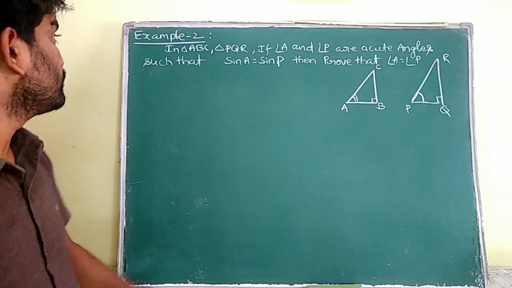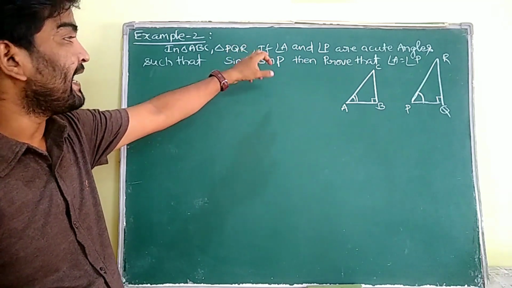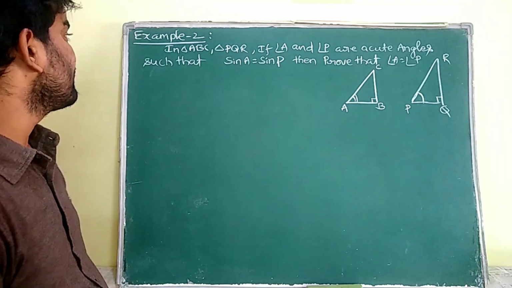Okay. Example 2. In triangle ABC and triangle PQR, let us suppose angle A and angle P are acute angles.